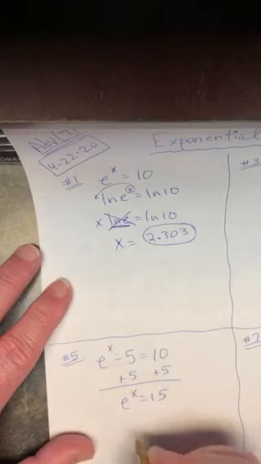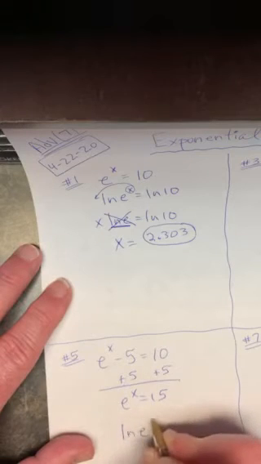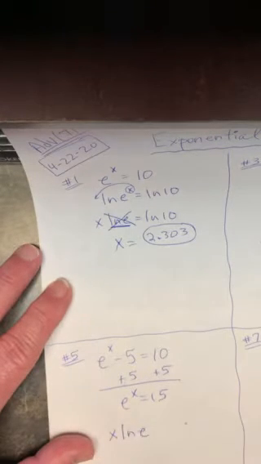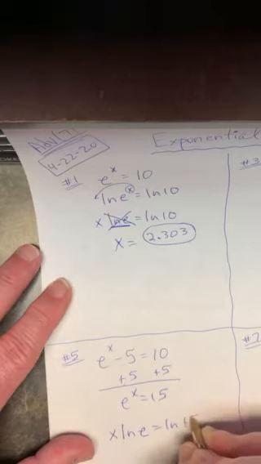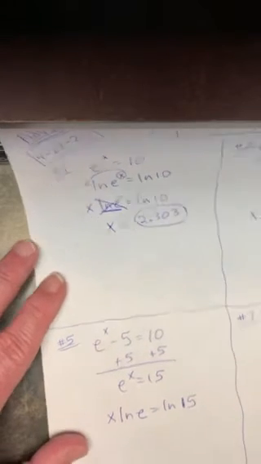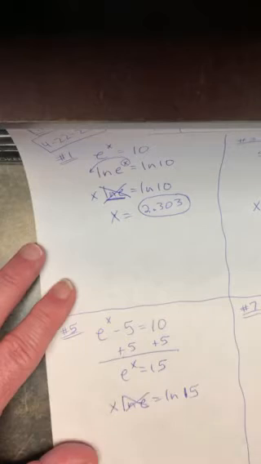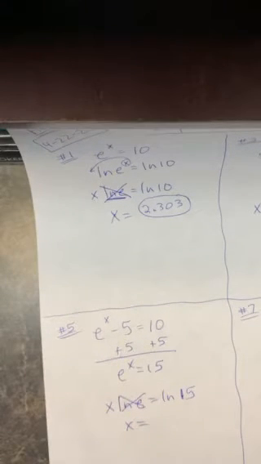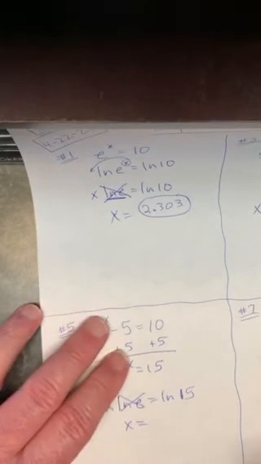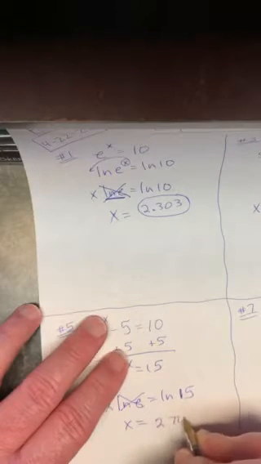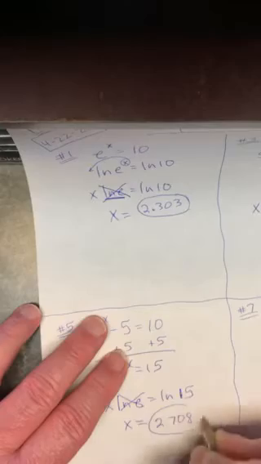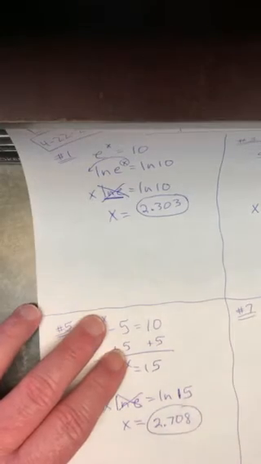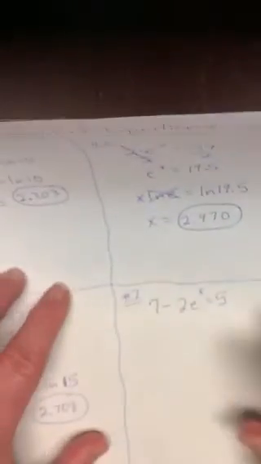Now I ln both sides, so ln of e to the x, that gets placed out front, equals ln of 15. I had to ln both sides. ln e is irrelevant. So again, I'm to the point where I'm just going to use my calculator, hit ln of 15, and get 2.708. Done.